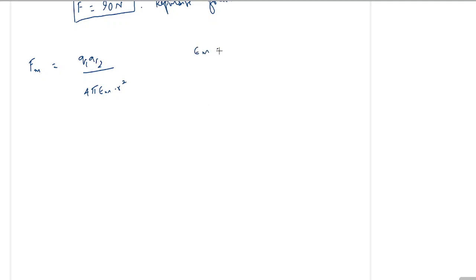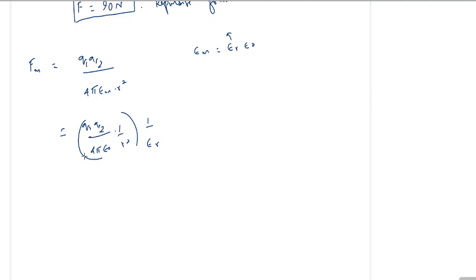Epsilon medium is given as epsilon r into epsilon naught. This is called the dielectric constant. So from here we get q1 q2 by 4 pi epsilon naught into 1 by r square, that into 1 by epsilon r.